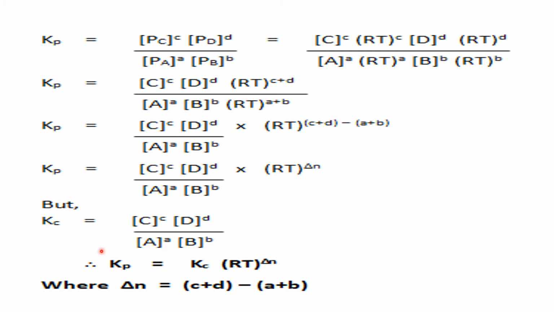We have to solve problems using this particular equation. In a particular question, they may supply Kc for a reaction, so we can calculate Kp if we know the value of delta n. What is delta n? The difference in the number of moles of the products and reactants. Got it? Take down.